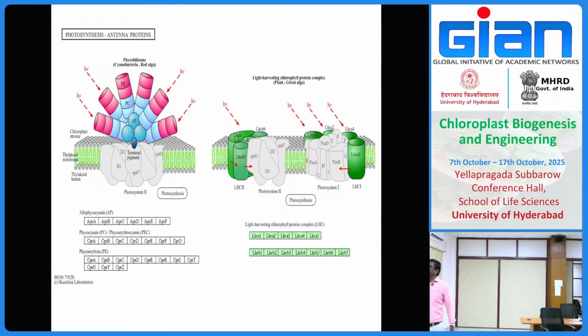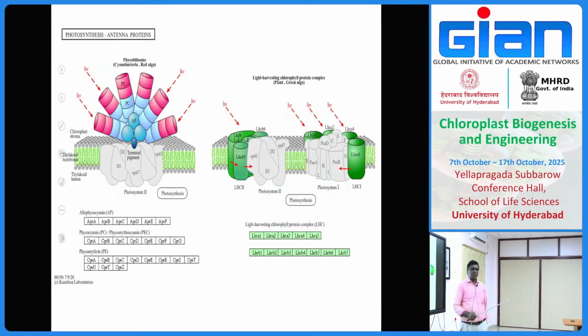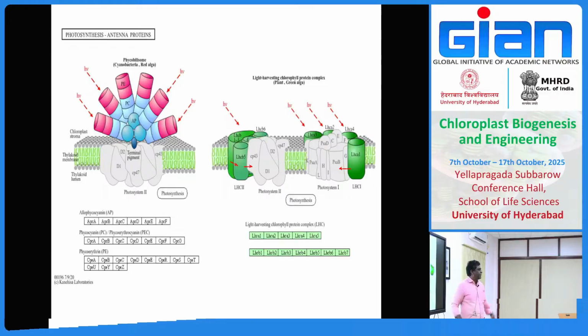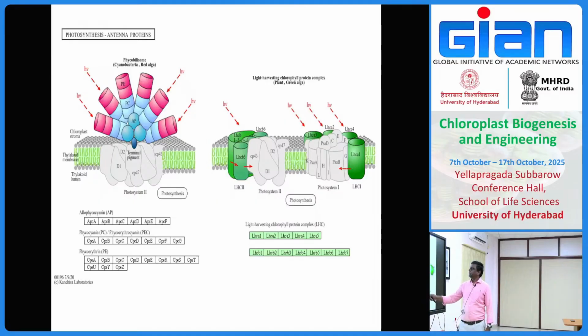So this membrane complex, the thylakoid membrane, you see the linear structure which comprises lipids. You can see the lipid bilayer, this one.